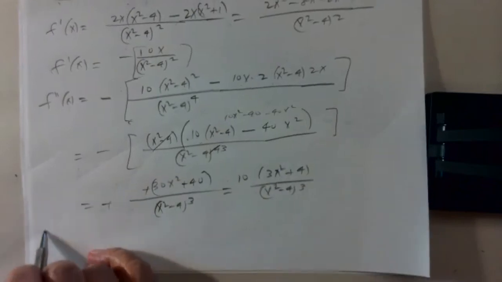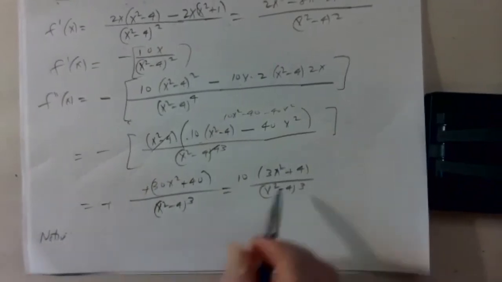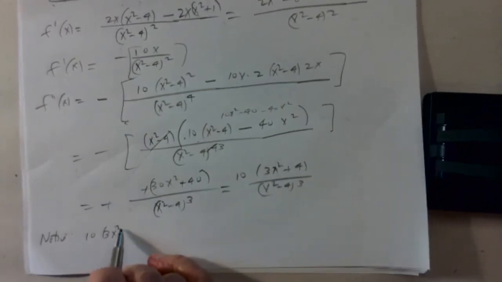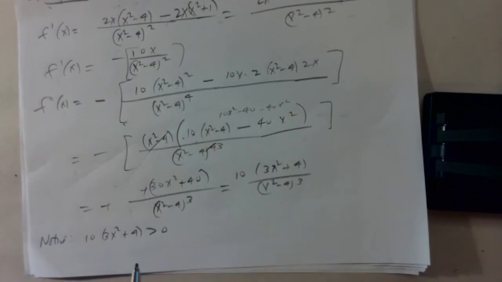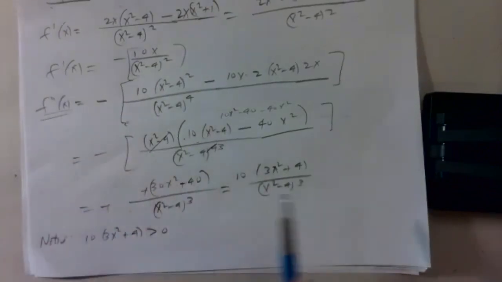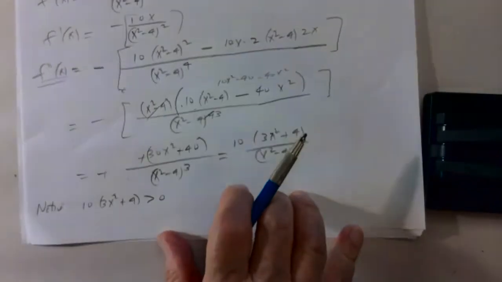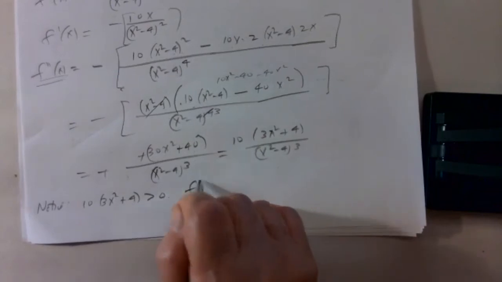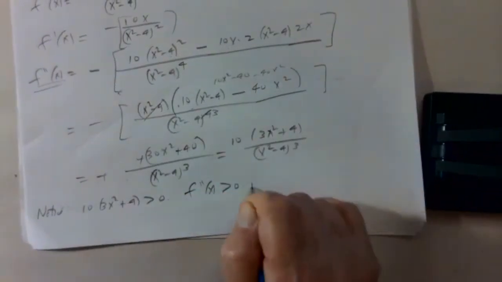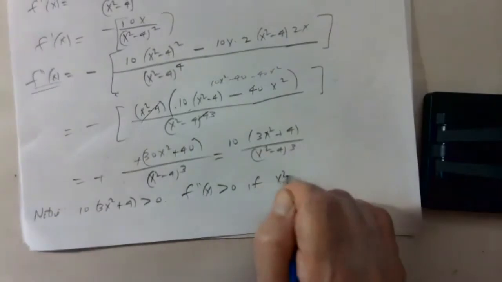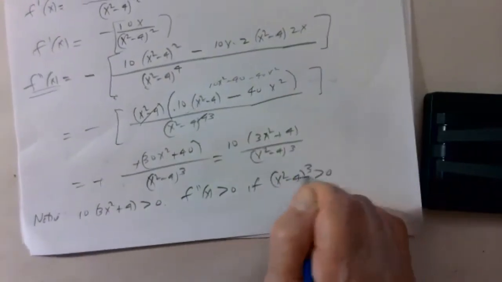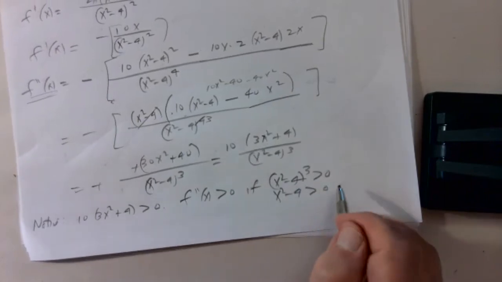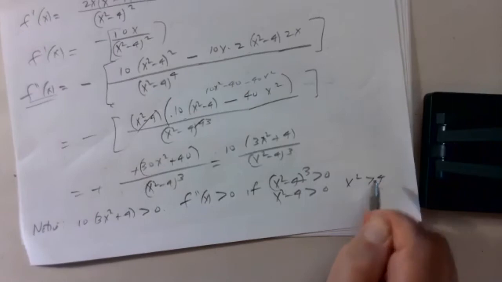You notice that the numerator is always positive. 10 times 3x squared plus 4 is greater than 0. So the sign of the second derivative is determined by the denominator. So f double prime of x is positive if the denominator is positive, which means x squared minus 4 is positive, or x squared is bigger than 4.